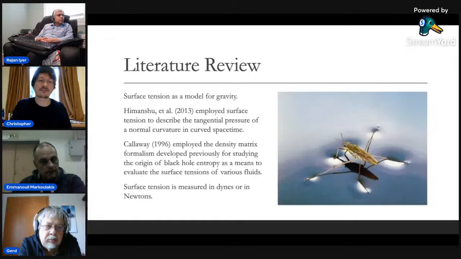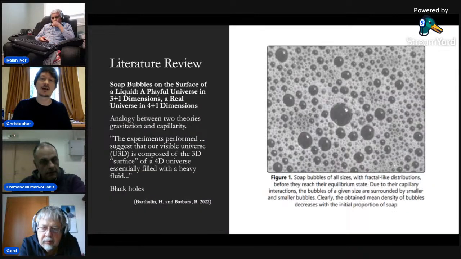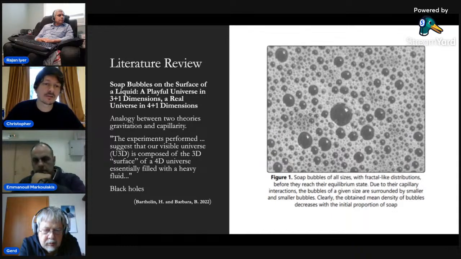And part of the reason for that might be because surface tension is measured in similar units to gravity in terms of dyne and newtons. There's also other reasons, such as presented by these two authors, Bartholin and Bernard Barbara, I think it is. Anyway, so soap bubbles on the surface of a liquid.